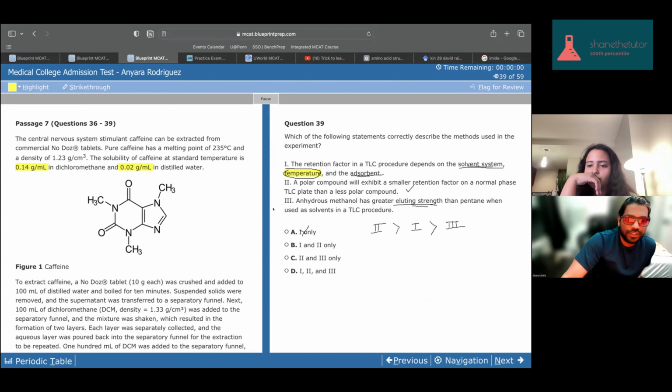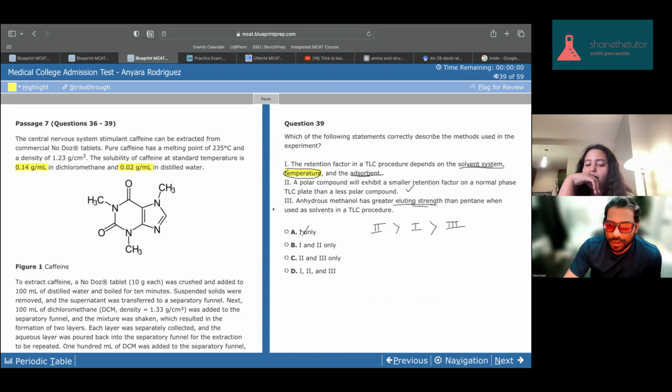Now, everything else has Roman numeral 2, but now we want to place more of an emphasis on Roman numeral 1, right? So we want to see something that has 1 and 2 and not the 3 instead of something with 3.